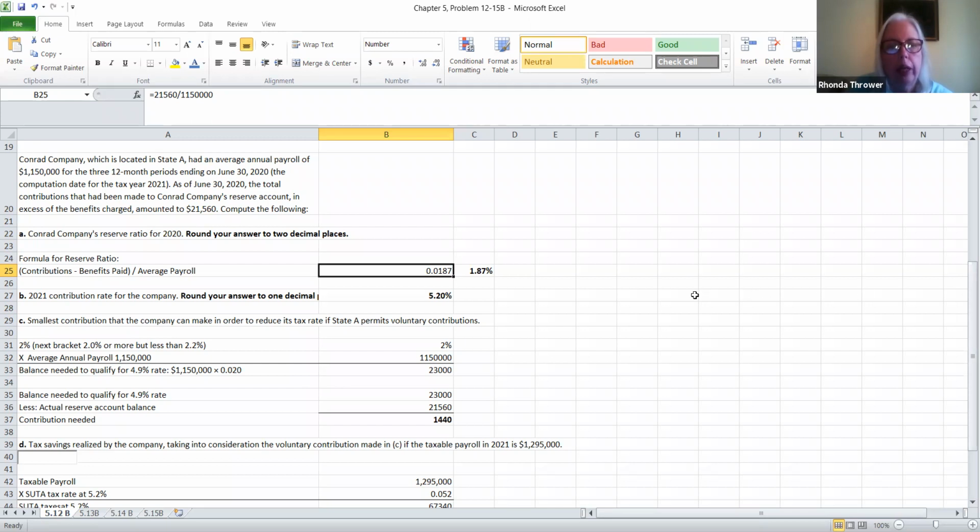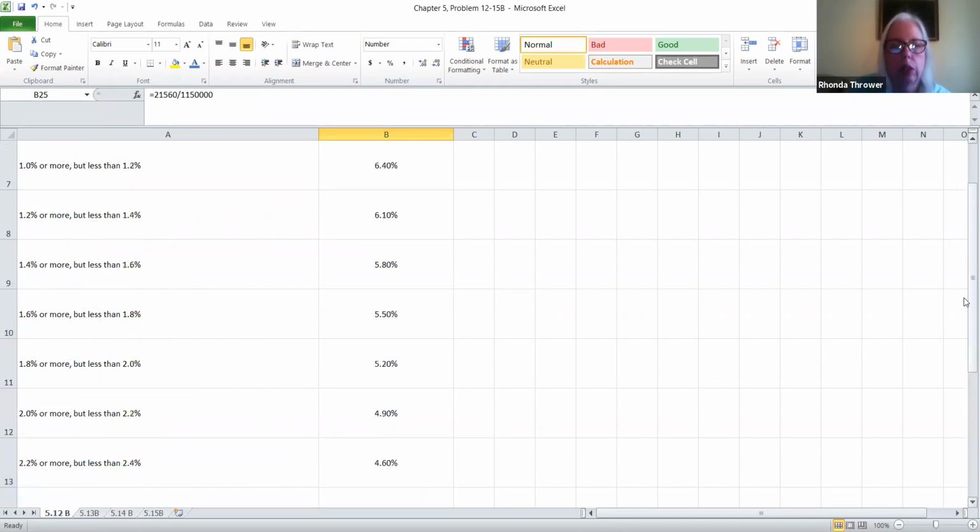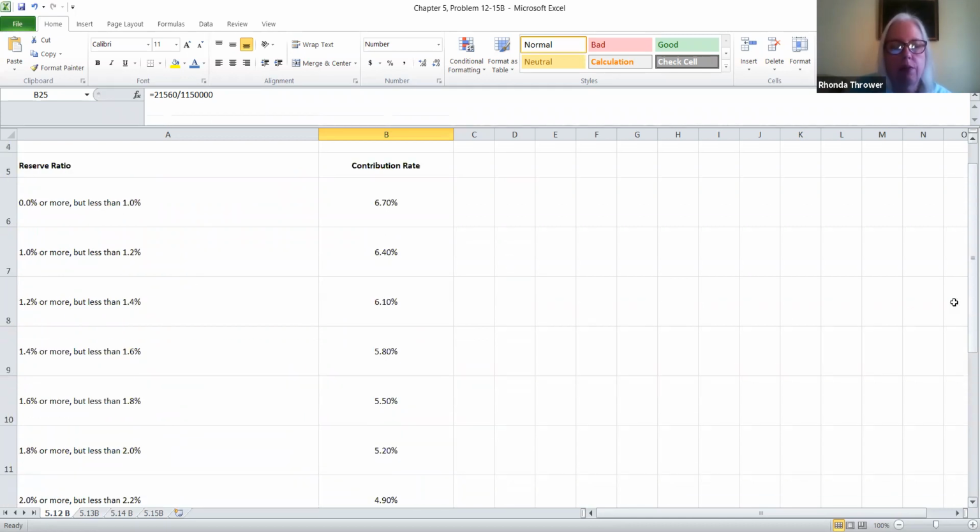Remember that the reserve ratio that we calculated in A was 1.87%. And you'll remember that that fell in between 1.6 and 1.8%. So we know that the contribution rate was 5.50.